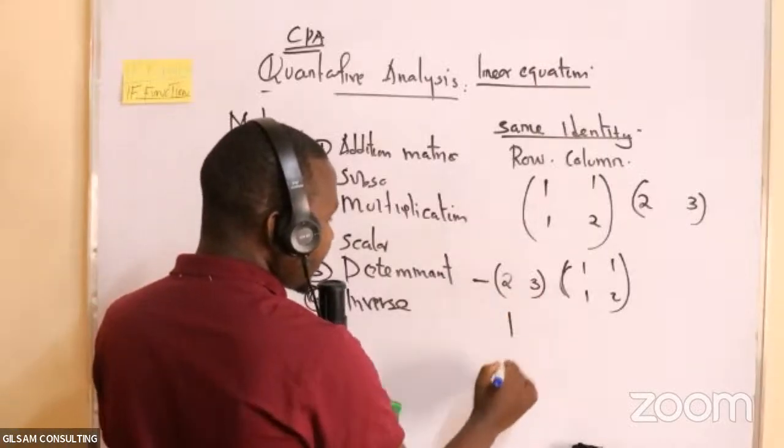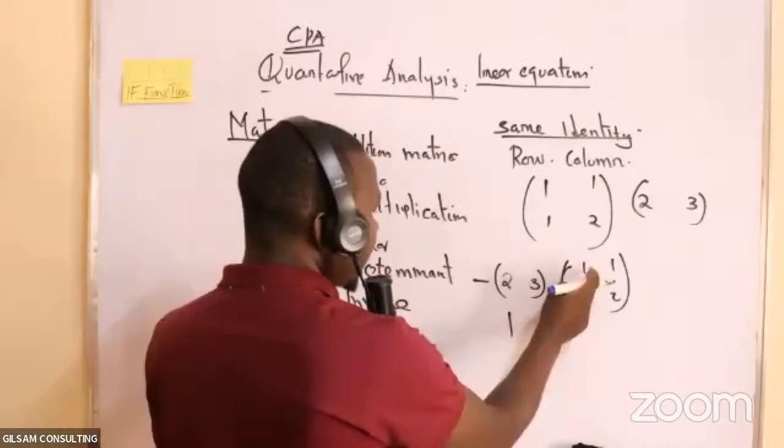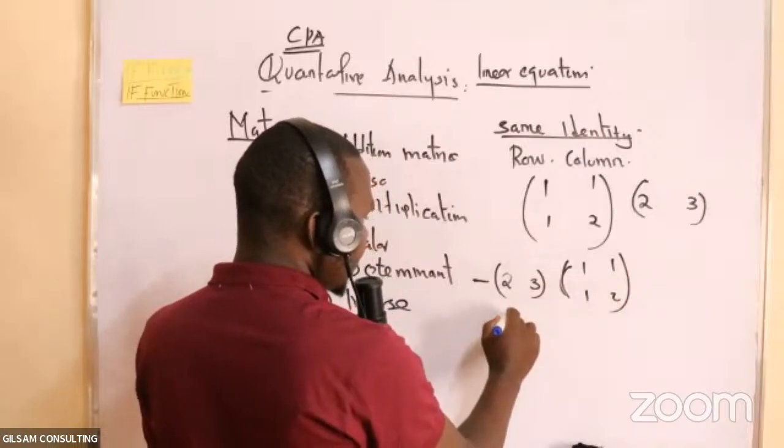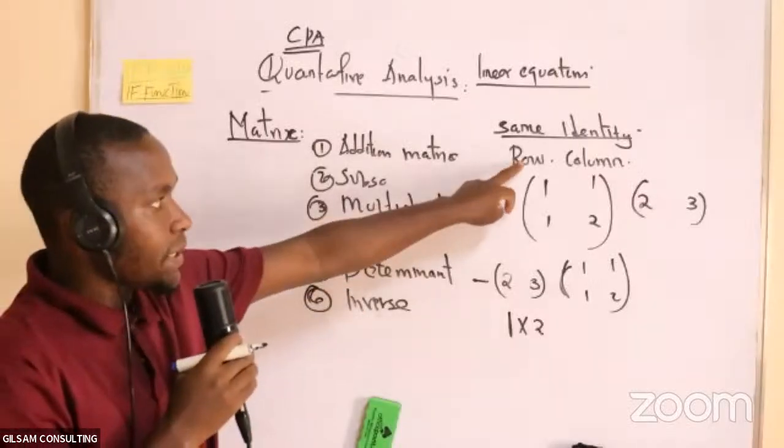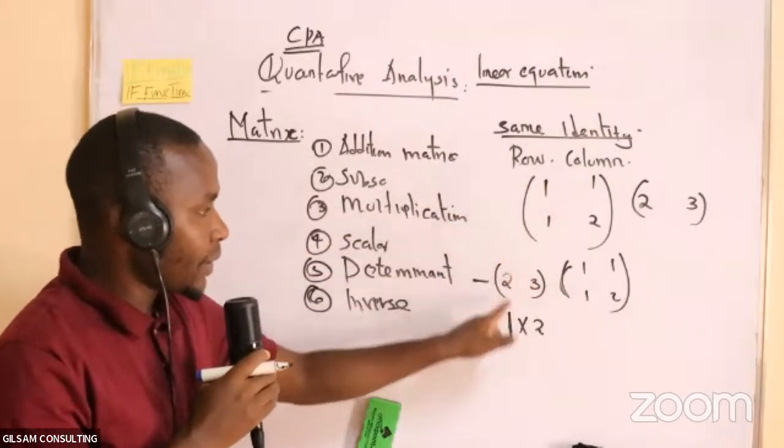What is the number of rows here? The number of rows in this case is 1, right? Yes. This one is 1 by 2. That is the row. What about the column? The column is 1, 2, 1, 2.